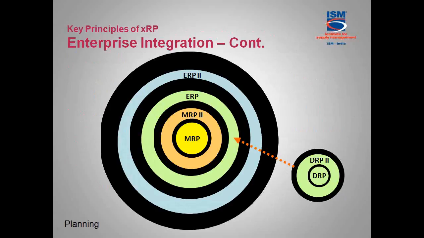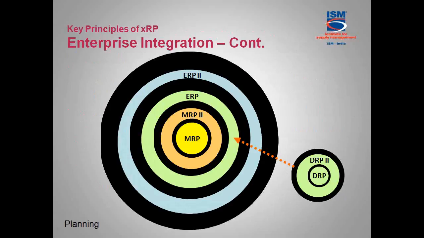Then slowly they combined other departments also along with the material requirement in MRP2. But the only limitation of MRP2 was that it was used only in one location. If the CEO of the organization wanted to understand the current position of the organization, he was unable to do it.